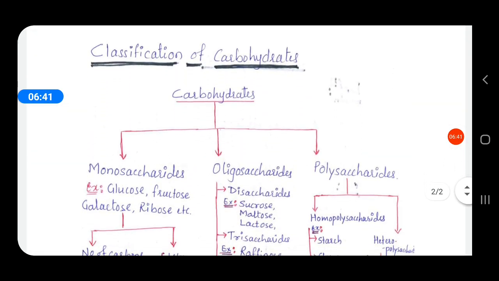We'll go for the classification of carbohydrates. Carbohydrates are classified depending upon the number of simpler units, that is monomer units, present. The number of simple sugar molecules present in that molecule.